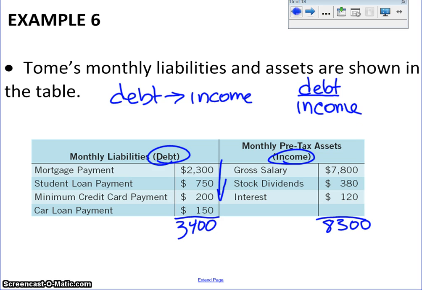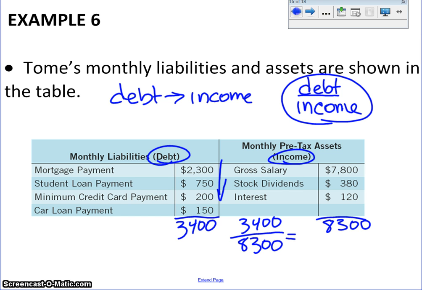So, as I said before, we're looking at a debt to income ratio, which is the debt, which is the $3,400, over the income, which is $8,300. And when I calculate that using a calculator, basically I'm going to put in $3,400 and then divide it by $8,300 because that's how a fraction works.